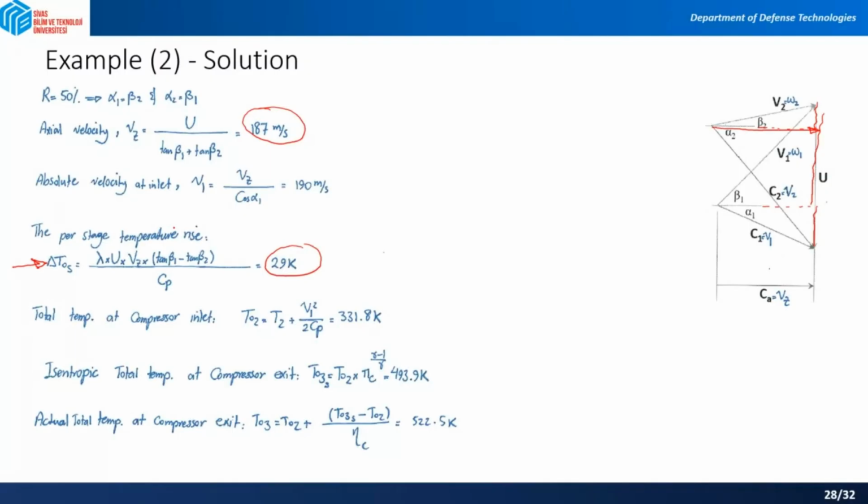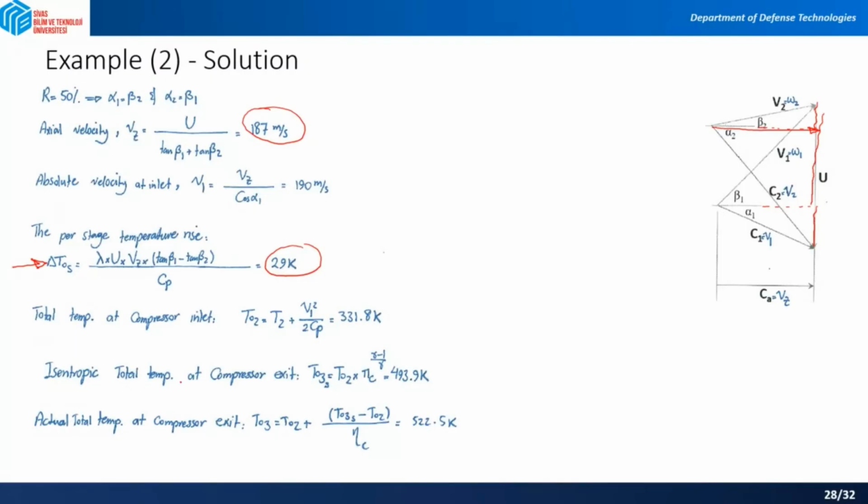Again, we have this formula, temperature rise per stage. The total temperature at compressor inlet will be obtained by the isentropic relation. So this is T2 plus V squared over 2Cp.